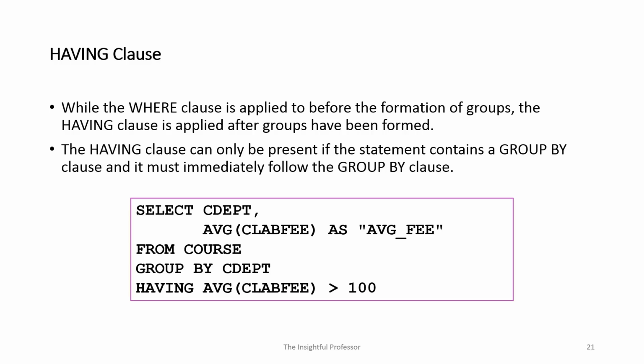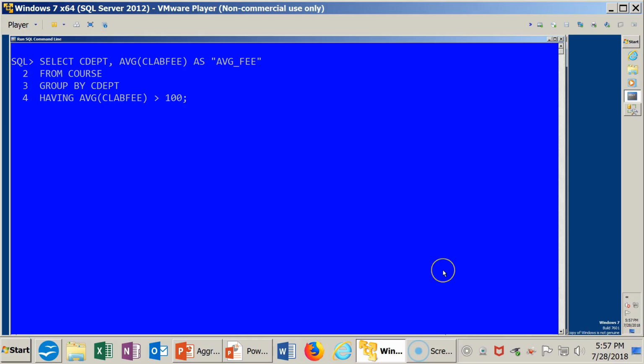So let's take a look at what happens when we actually fire this up. So here's the query. Select department, the average lab fee from course, group by department, having average lab fee greater than 100. So the having is where we're doing our filtering or our testing. So now, notice that we have CIS and theology.